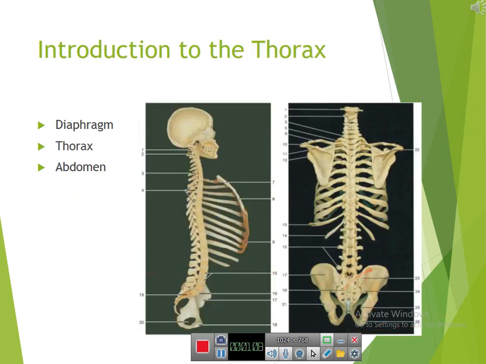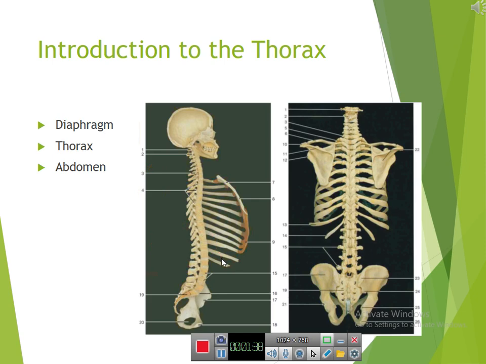So, in this slide, look at these pictures. We have the two pictures from lateral view and posterior view of thorax. As you can see here, thorax or chest in Latin forms the superior part of the trunk of the body.